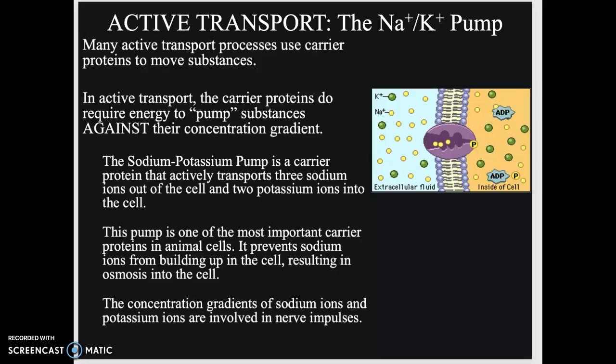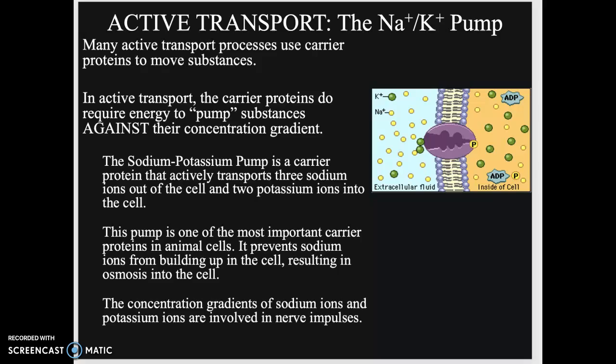One example, and this is just one example of active transport, is something called the sodium-potassium pump. The sodium-potassium pump takes molecules and pumps them against their concentration gradient. As you can see, the potassium is the green little sphere and sodium is the yellow sphere.